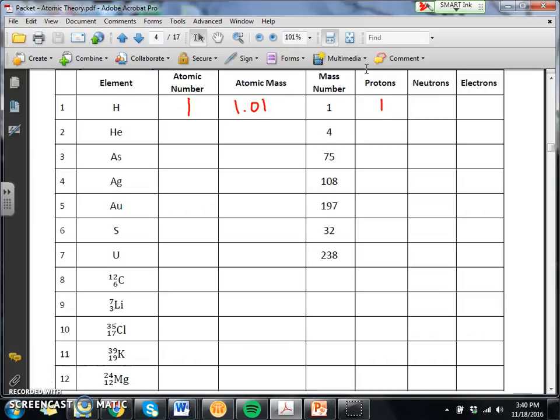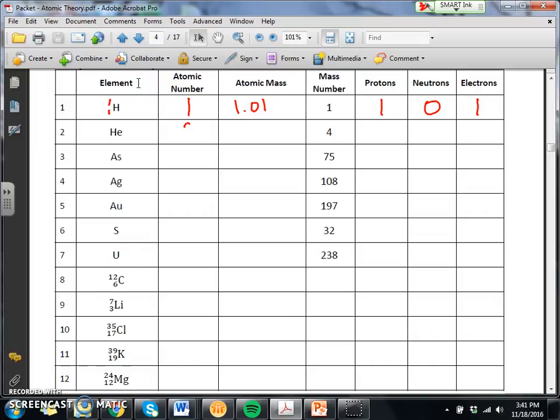There's 1 proton, 1 electron, and our mass number, 1, minus our number of protons, which is 1, will mean that hydrogen has 0 neutrons. We want to complete our symbol too, so we can't just leave our notation as an H. We need to put our mass number, the number 1, on the top, and our atomic number, number 1, on the bottom.